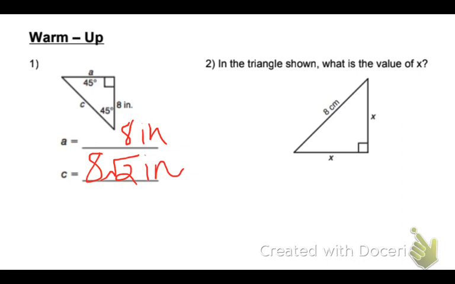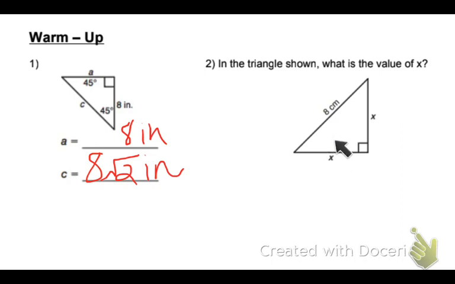And remember, according to our pattern, our hypotenuse is whatever the leg's value is multiplied by root 2. So in order to get that 8 right there, we multiplied whatever the value of x is by root 2.